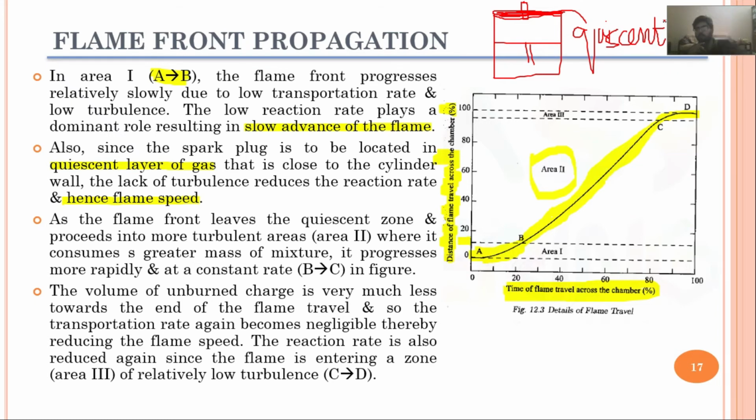Because of this low combustion rate, the flame speeds are very low, and when this flame goes beyond this quiescent layer into the adjoining zones, then the rapid propagation of the flame starts, and this is the section from B to C.